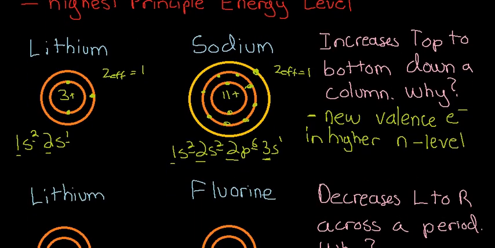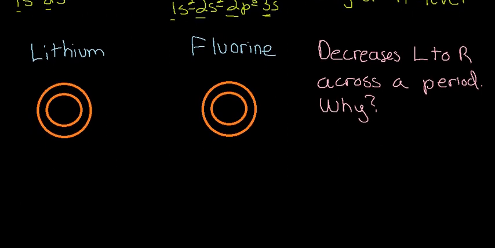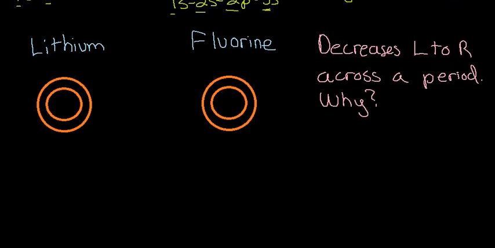Now, what about as we go across? So here I'm giving fluorine and lithium as examples. Both of these are atoms that lie within the same row or the same period of the periodic table. Let's try to think about why this happens. Well, lithium has a charge of 3 plus. Fluorine has 9 protons, so this would be 9 plus.